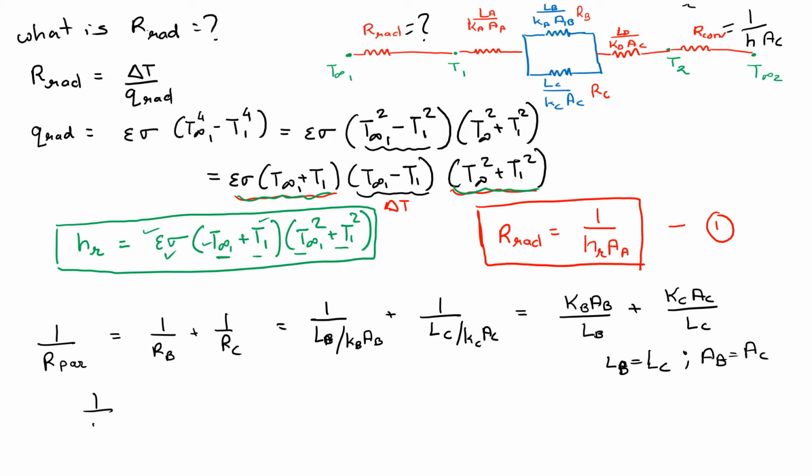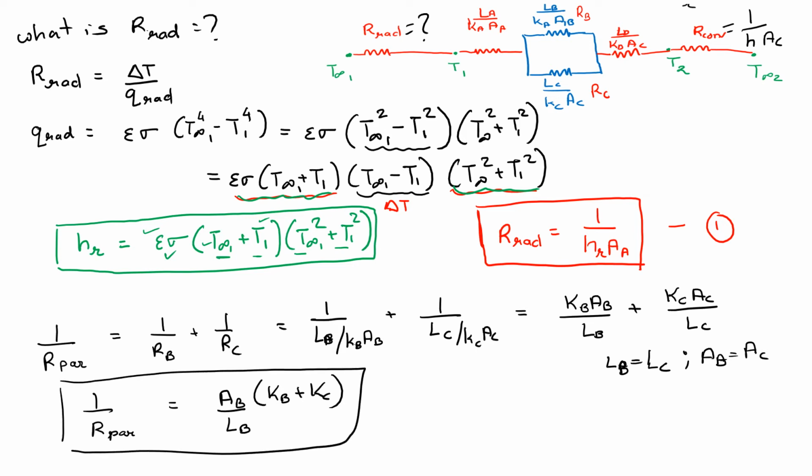So our equivalent parallel resistance will be, say, AB upon LB into KB plus KC. So that's our equation 2.